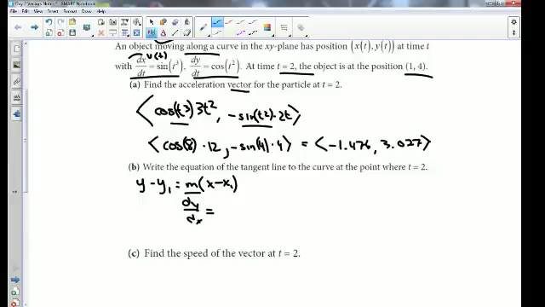The nice thing is we've already done our derivatives, correct? Do we need these ones or these ones? Yeah, this one, right? So cosine t squared and sine t cubed, right? And then evaluate at time 2. So you get cosine 4 over sine 8.